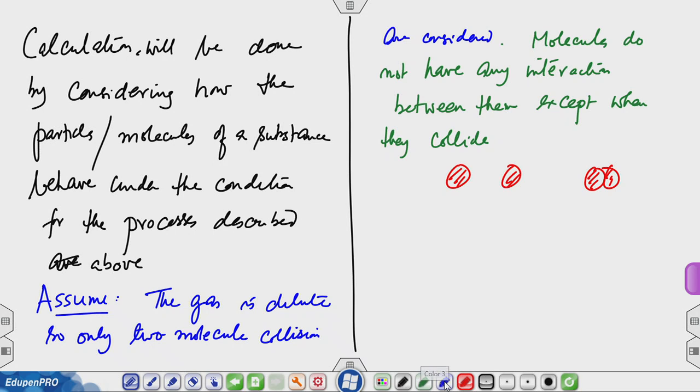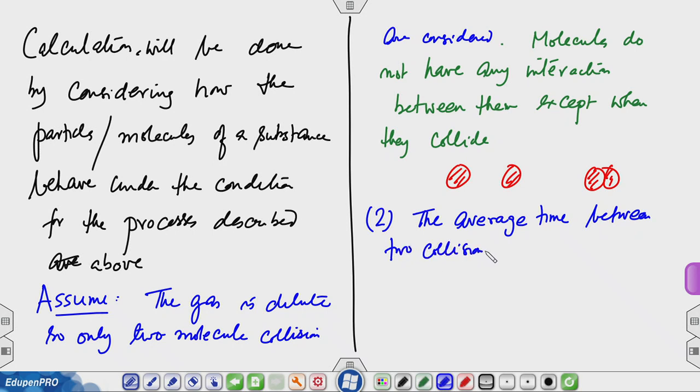Two, the average time between two collisions is tau, known as the mean collision time.